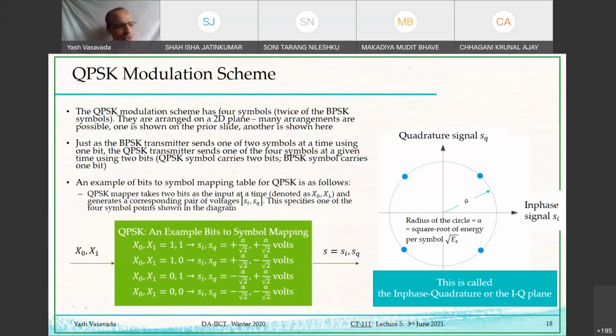Okay, so for QPSK, now you look at 2 bits at a time, X0 and X1. And what this mapping table is telling us is that if X0, X1 is 1, 1, we set in phase and quadrature both to A divided by square root of 2.